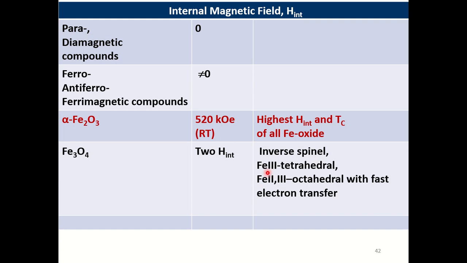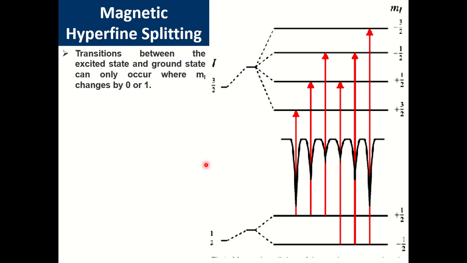You have two types of internal magnetic field because it has an inverse spinel structure. Fe3+ ions occupy tetrahedral holes, whereas Fe2+ and Fe3+ also occupy octahedral sites. So half of the Fe3+ go into the tetrahedral holes, and the rest occupy octahedral holes. There is rapid electron transfer between the Fe2+ and Fe3+ in the system. This gives rise to two different types of internal magnetic field.